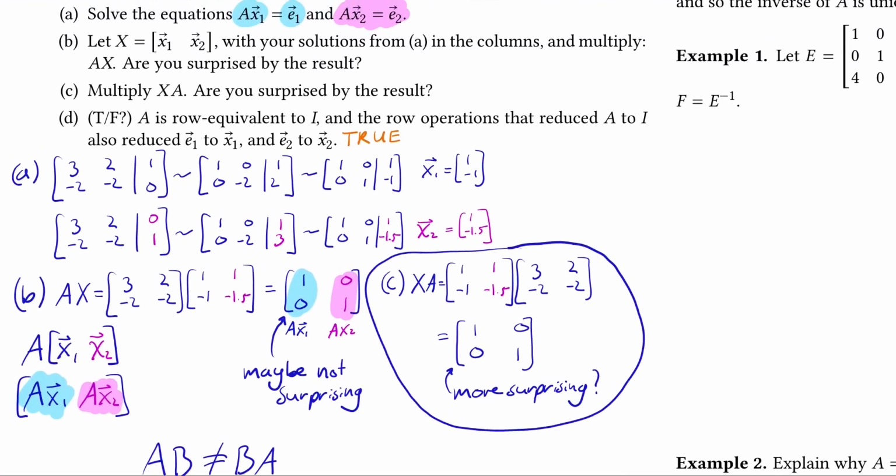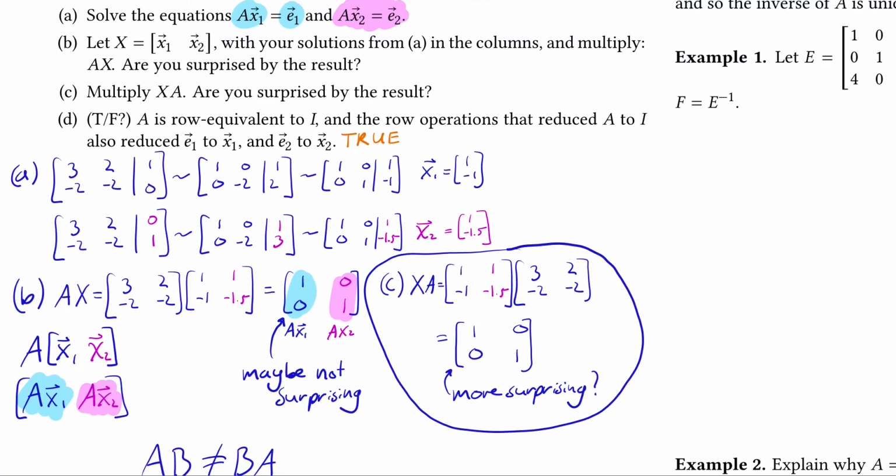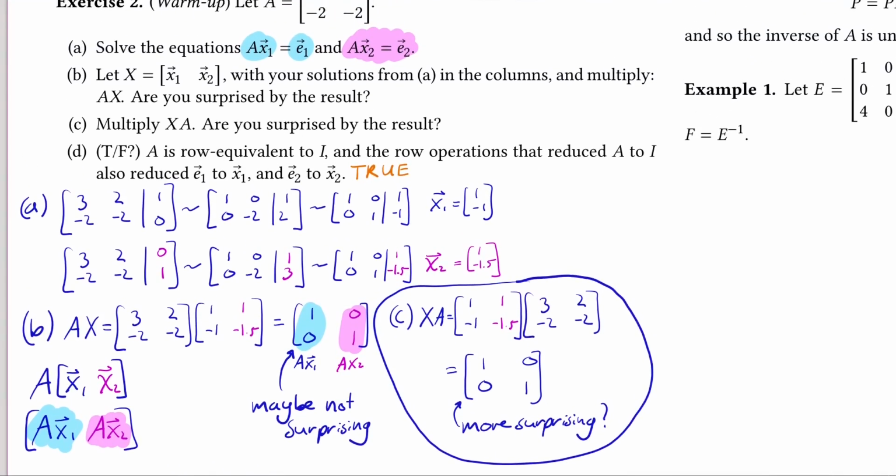And part D is true because how did we solve these equations? You start with the augmented matrix: A augmented with the y vector you're trying to get, which is E1 here.